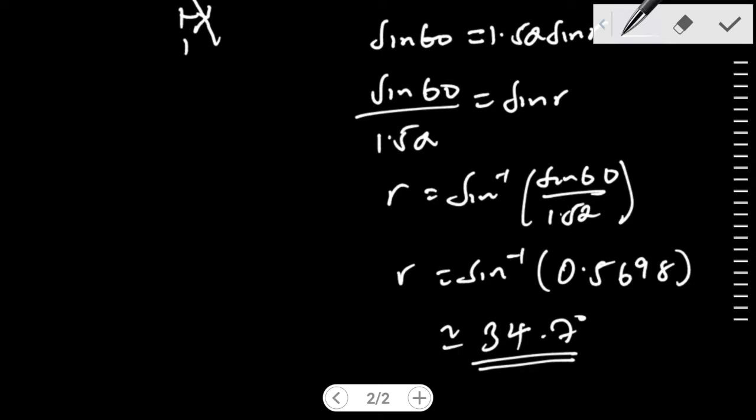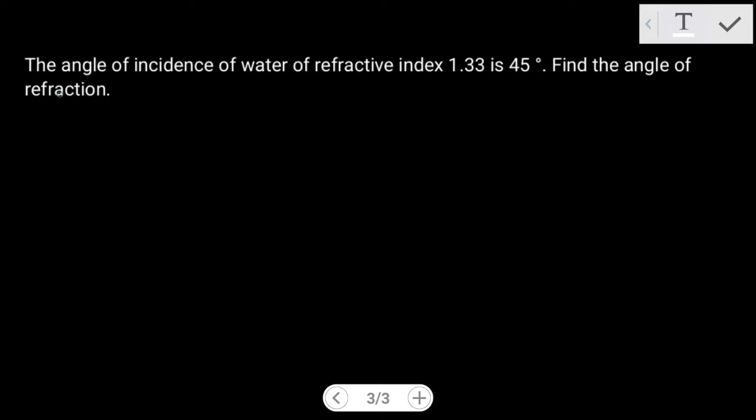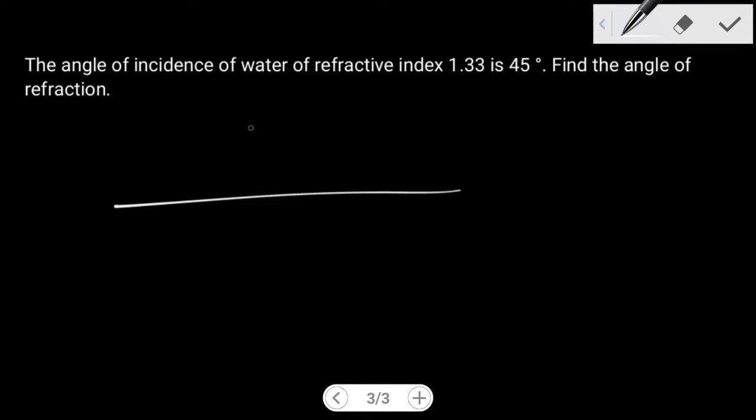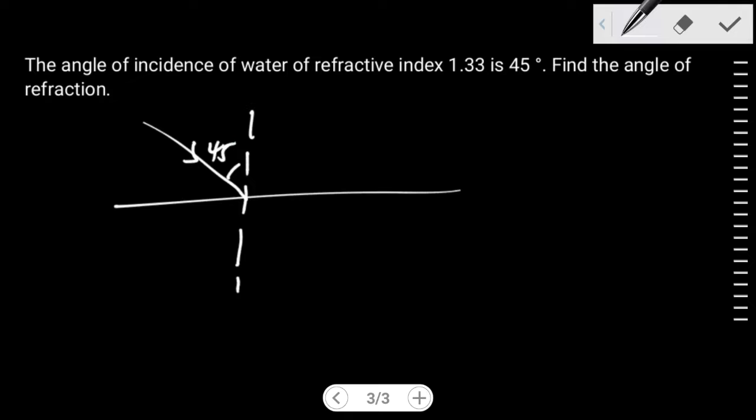Let's try another example. The angle of incidence in water of refractive index 1.33 is 45 degrees. Then find the angle of refraction. Let's first have an illustration here. We have our interface, the normal, and the angle of incidence which has been given, 45 degrees, and it suffers refraction.